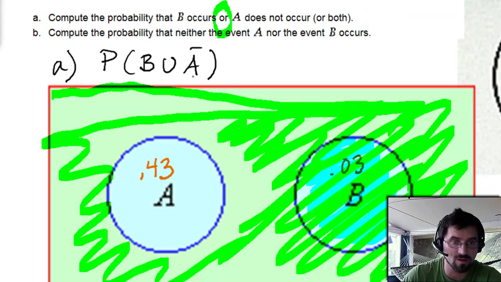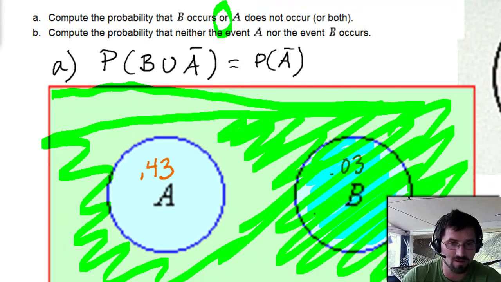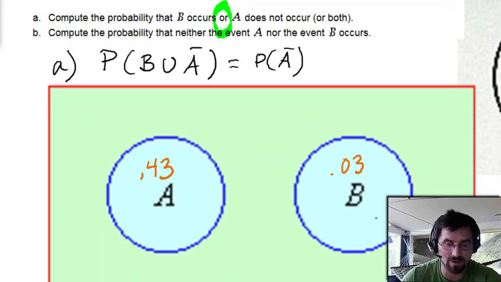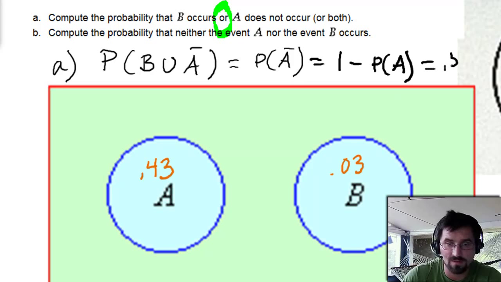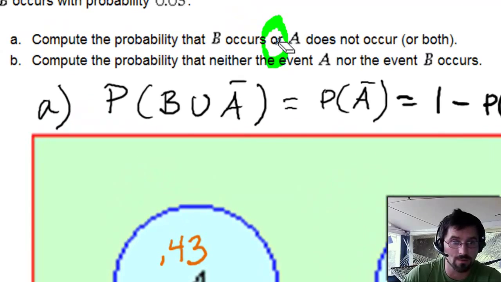Well, B is already part of not A, so the answer is just not A. Does that make sense? B is already in not A, so if I unite it with not A, it doesn't add anything to the result. So my answer here is 1 minus P of A, and that would be 0.57. So 0.57 is my answer.